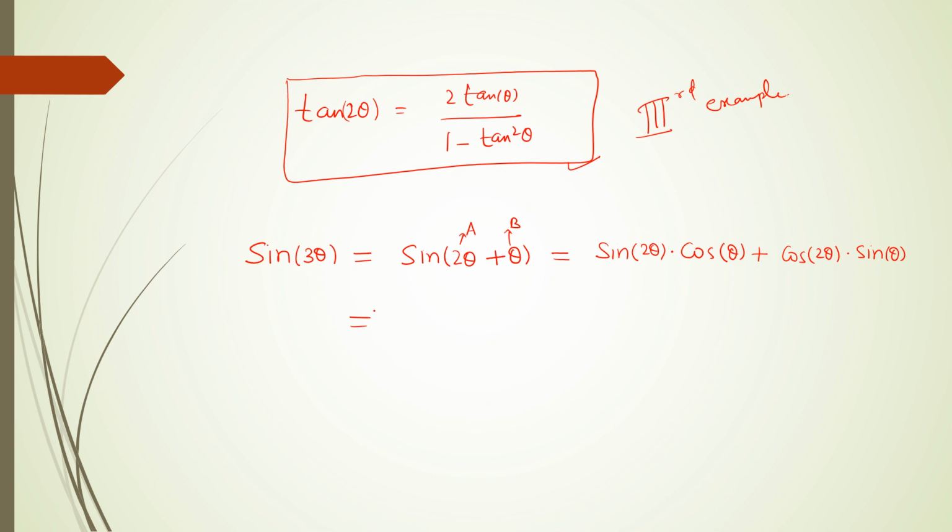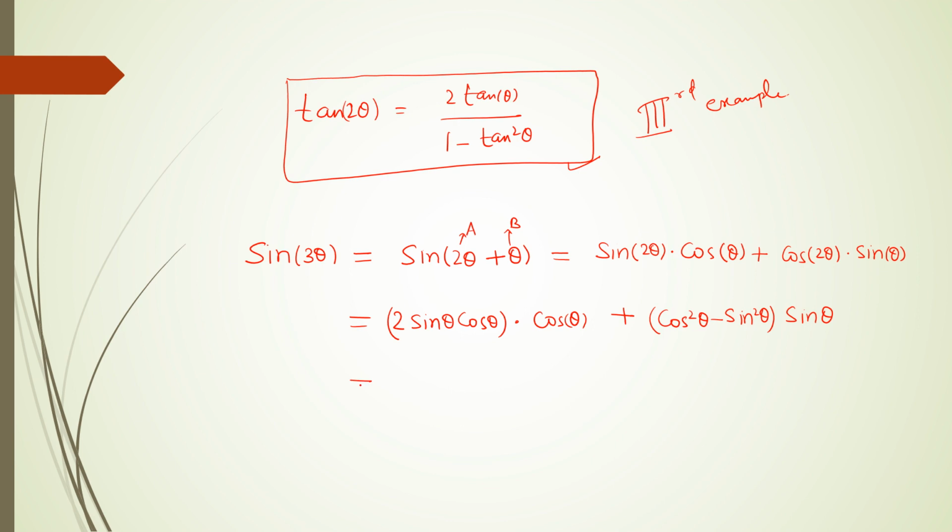Sin of 2 theta is nothing but 2 times sin theta into cos theta, multiplied by cos theta, plus cos 2 theta is cos square theta minus sin square theta into sin theta.